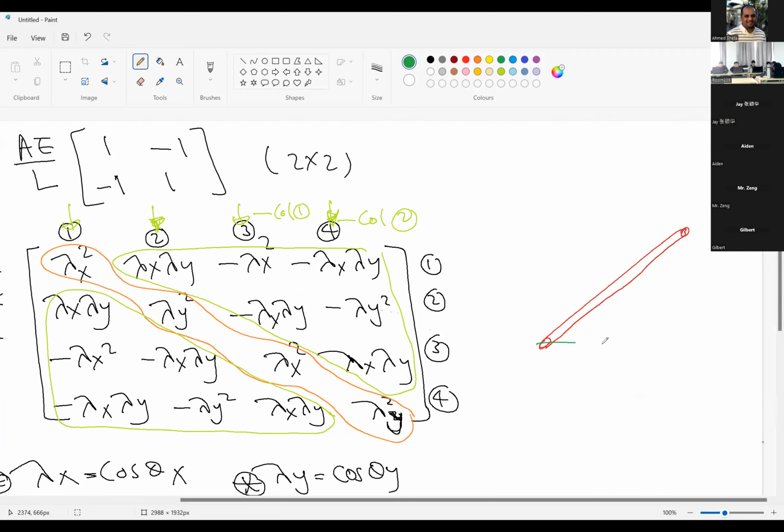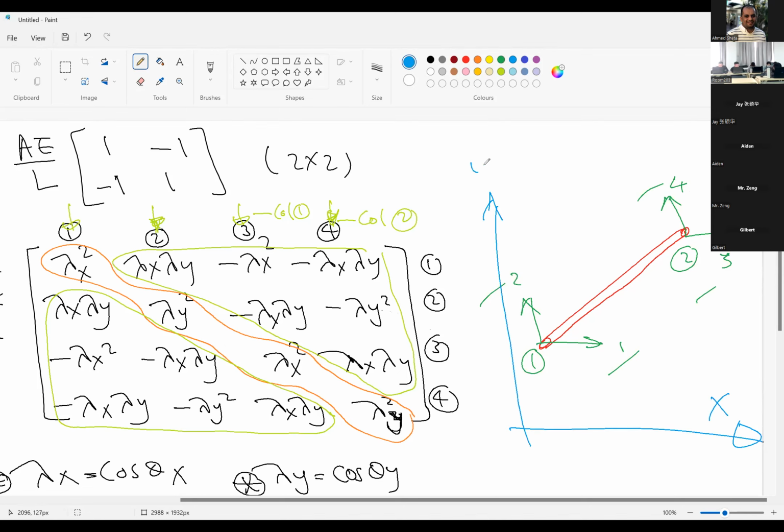We have 4 degrees of freedom: node 1, node 2, displacement 1, displacement 2, displacement 3, and displacement 4. So 4 by 4 because we have 4 degrees of freedom for a member in the global system. Again, this is our global system X, Y, and this is our local system, X dash and Y dash.